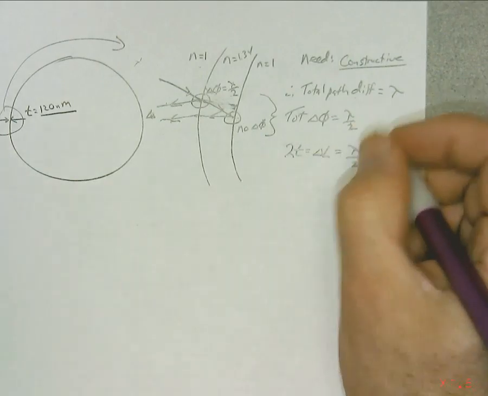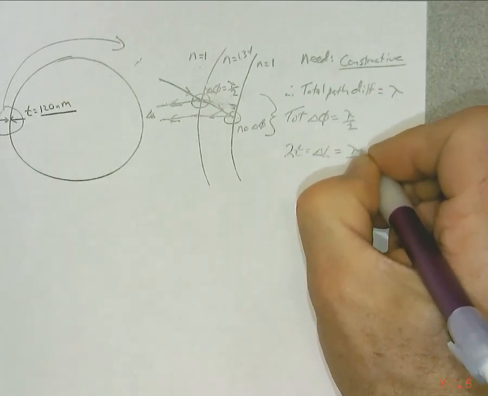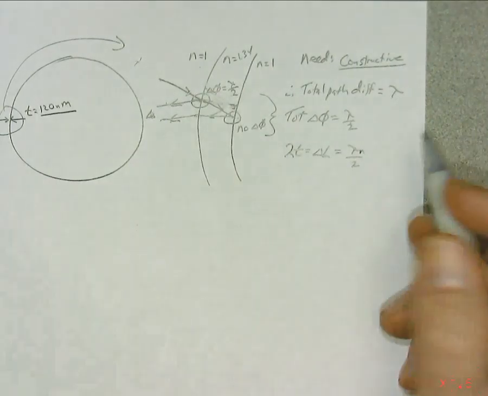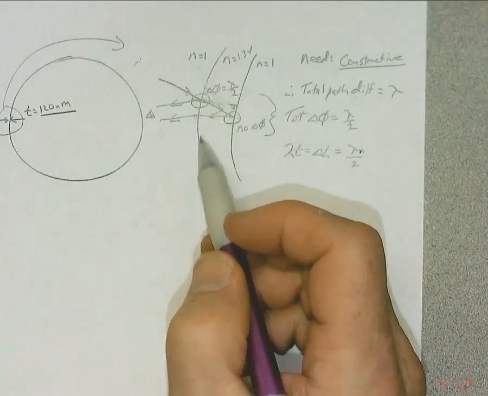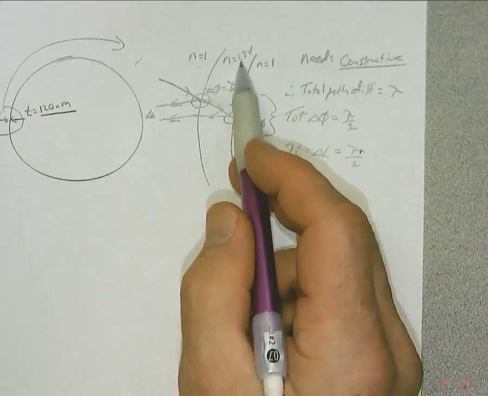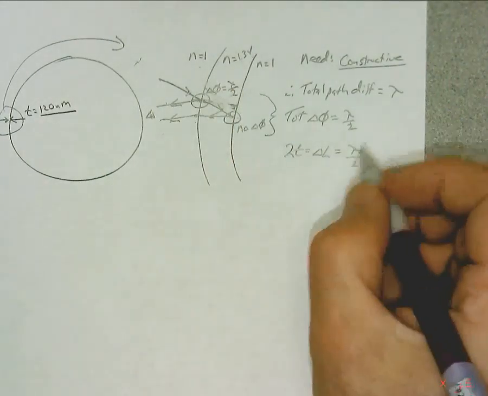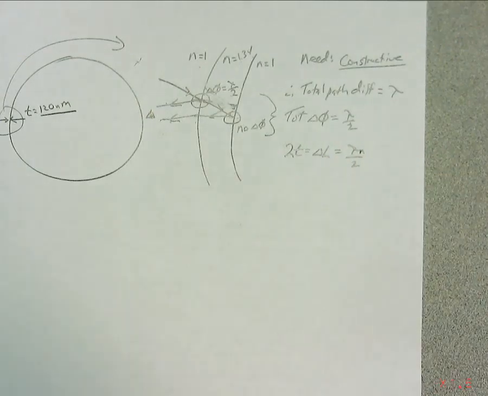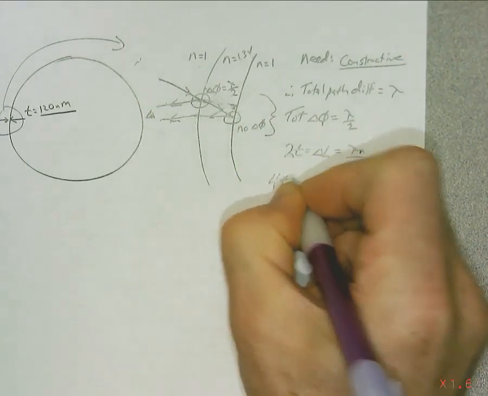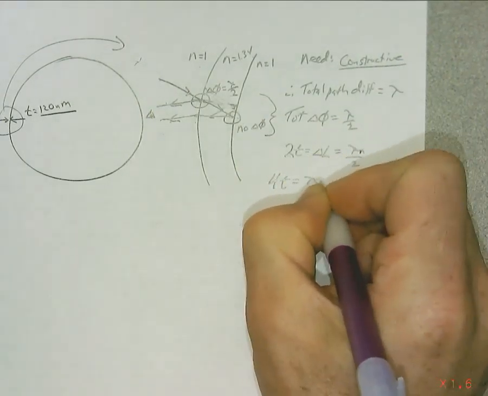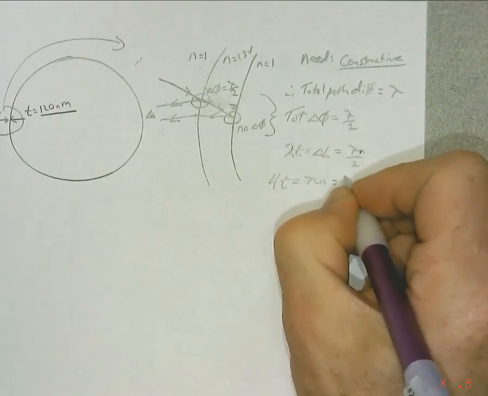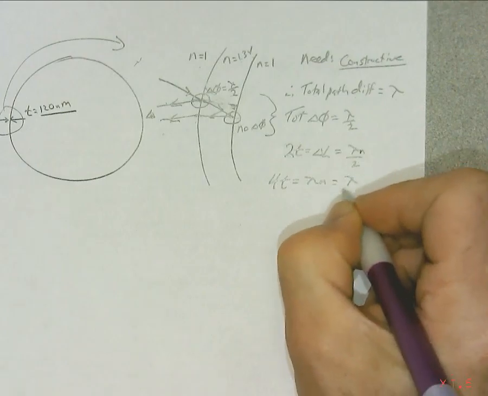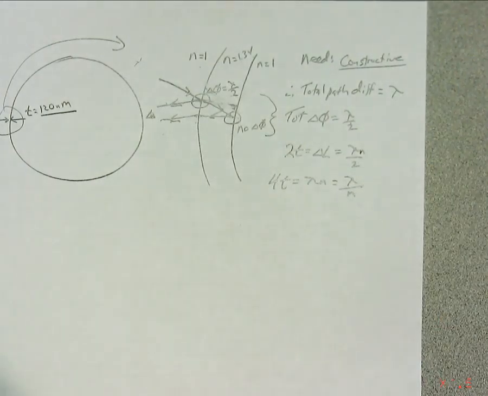Actually, we have to be careful, it's lambda sub n over 2, the wavelength in the medium we're talking about, which is the thin film, with an n of 1.34. So that means that 4t is equal to lambda sub n. And lambda sub n is equal to lambda in air divided by n.